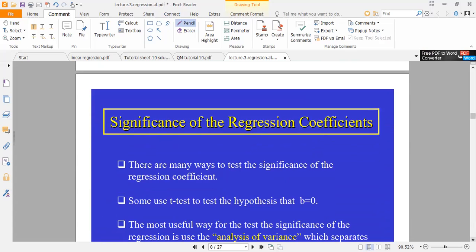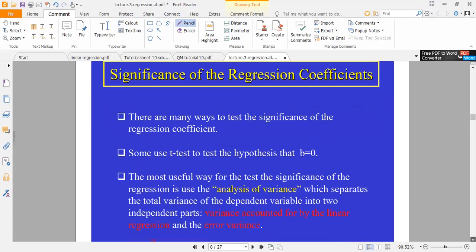Under regression analysis, there's also what we call the significance of the regression coefficients. We need to test using the t-test, using a hypothesis that there is a relationship, b is equal to 0 or b is not equal to 0. Our gradient is what we use to test.